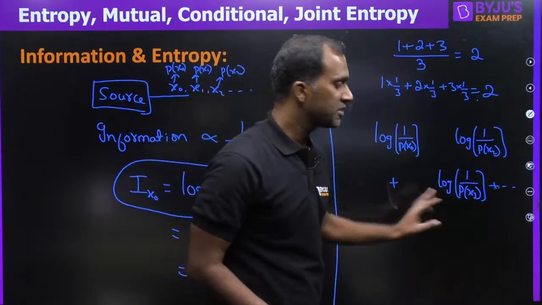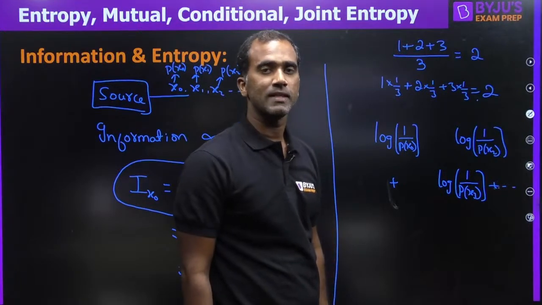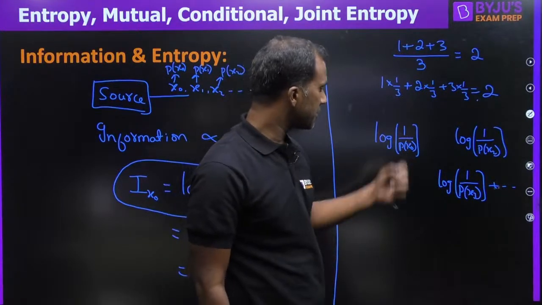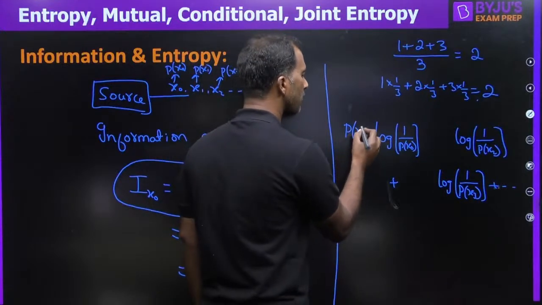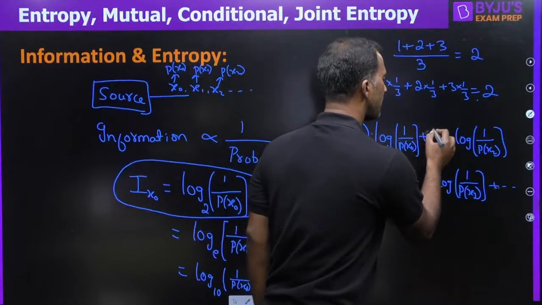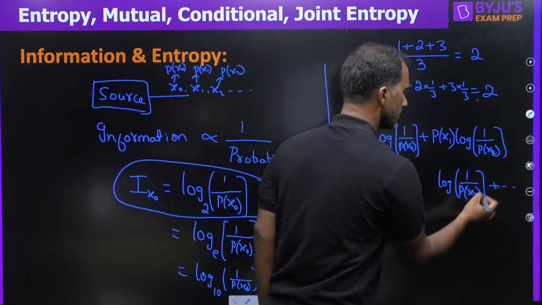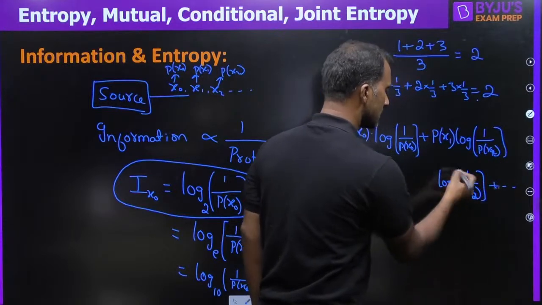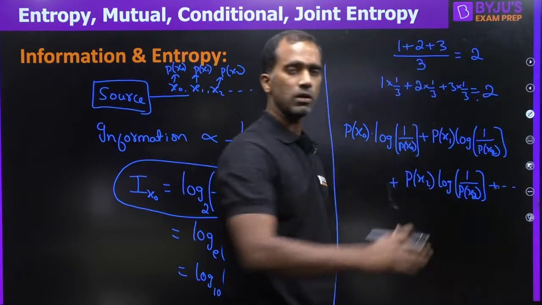How to average them? Take all the possible informations, multiply them with the corresponding probabilities, and then add them up. This information happens with the probability of p of x0, this information happens with the probability of p of x1, and this information happens with the probability of p of x2, and so on.